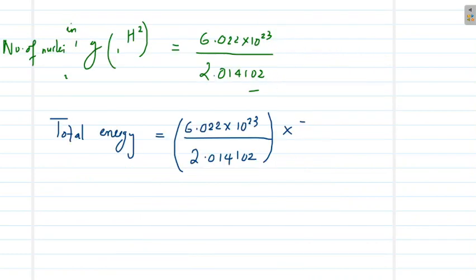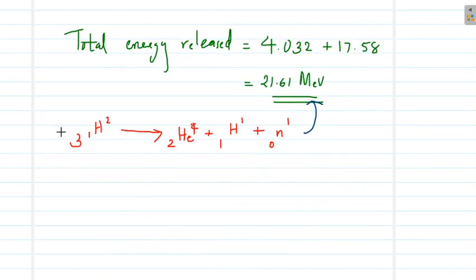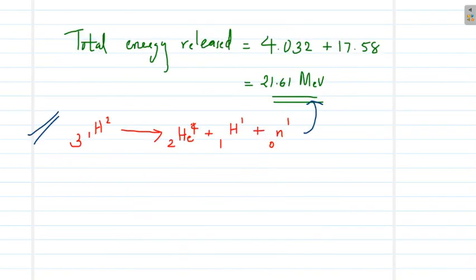This will yield you 2.153 multiplied by 10 raised to 24 mega electron volt. So this much energy will be released if 1 gram of deuteron undergoes this reaction in 2 steps as mentioned earlier. So we have completed part B of the question.